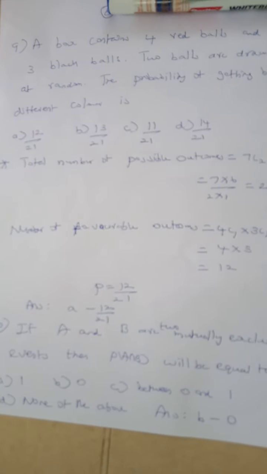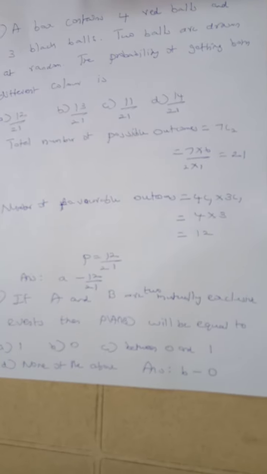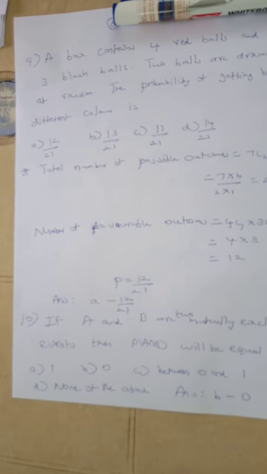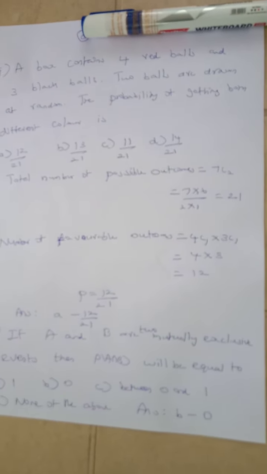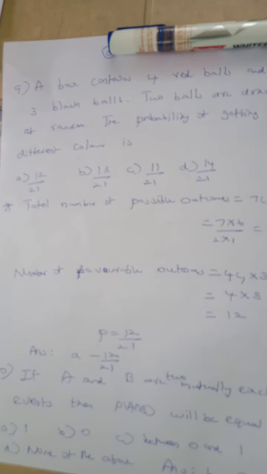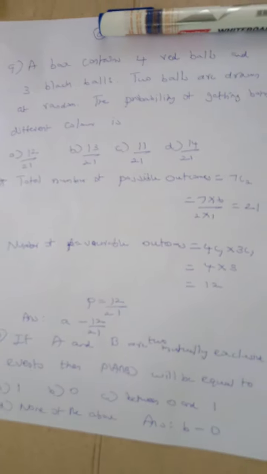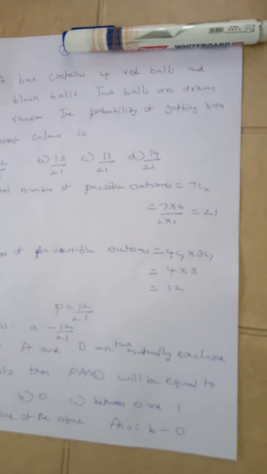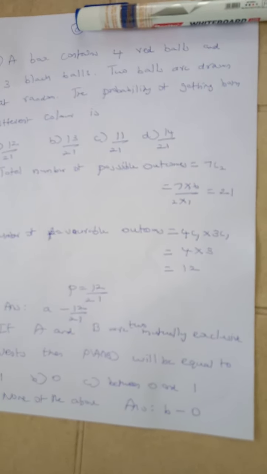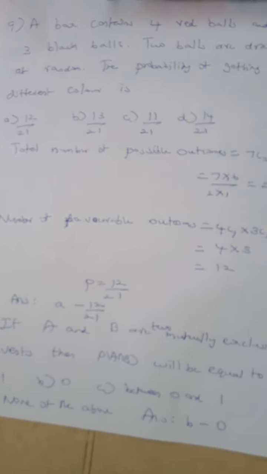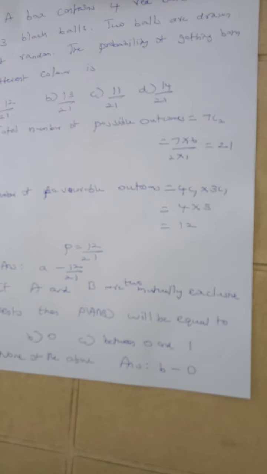So number of favorable outcomes, 2 balls are of different color. There are only 2 colors here, red and black. So one from red and one from black. So out of 4 red balls we are going to take any one, 4C1, and out of 3 black balls we are going to take any one. So 4C1 into 3C1.